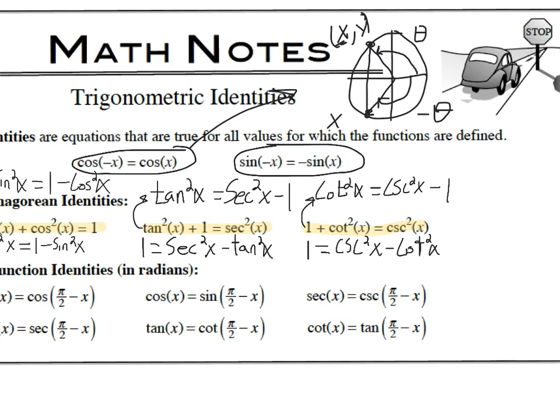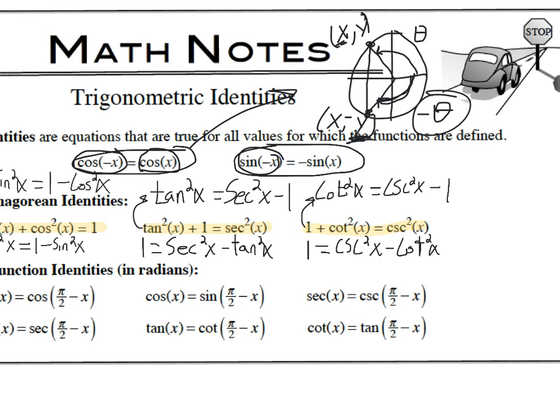This x is the same, but the y is going to be opposite. And so the cosine of an angle is equal to the cosine of a negative angle, whereas the sine of a negative angle, look at my y coordinate here, becomes a negative y.